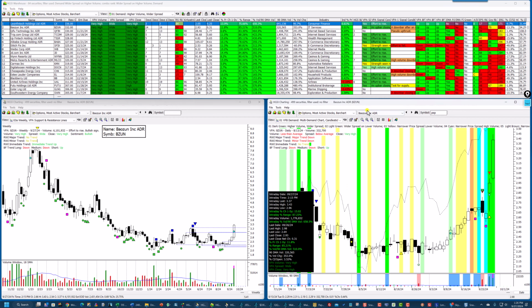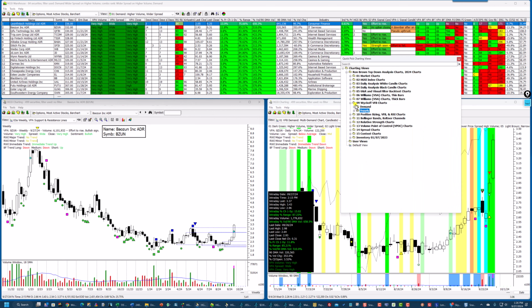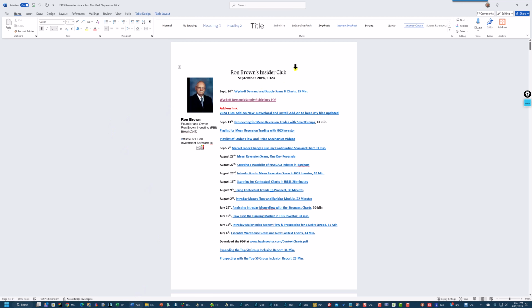Okay, one thing I want to point out on the charts, the Wyckoff charts, and I have these listed under Wyckoff VFB, or visual filter back test charts, and whenever a condition is met, then a colored bar will be generated. By the way, I want to go to the Insider Club.